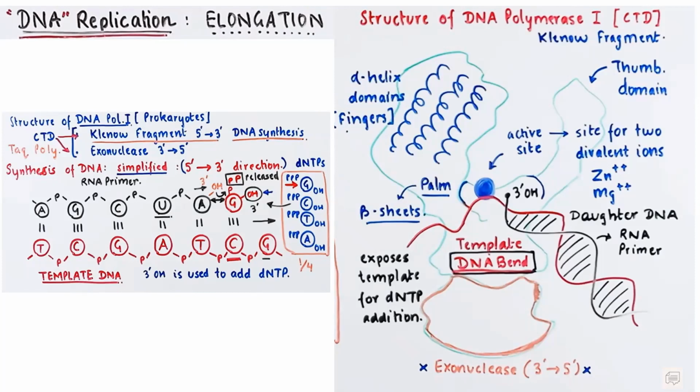The important thing to keep in mind is that the final base has a free hydroxyl group at the 3' position, so now you can see how the substitution will be made.